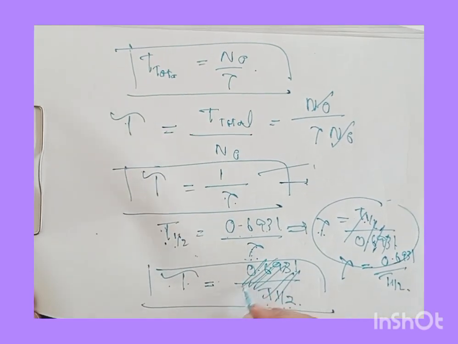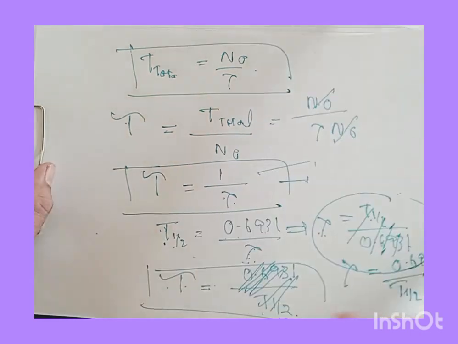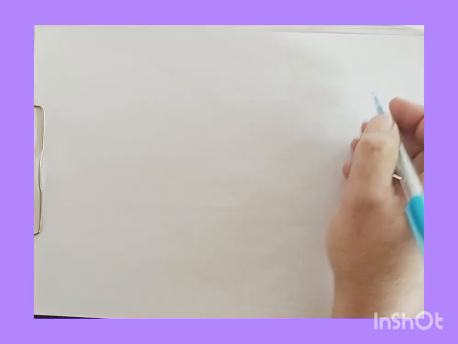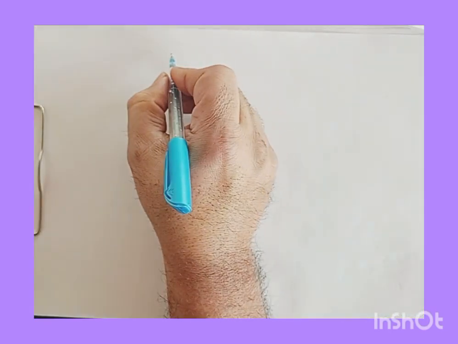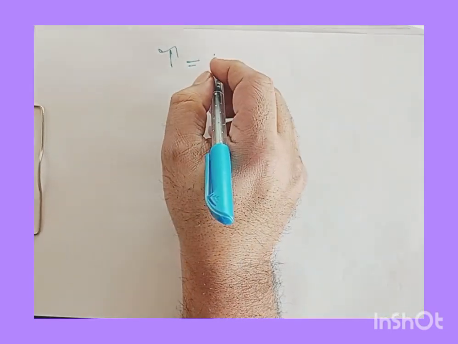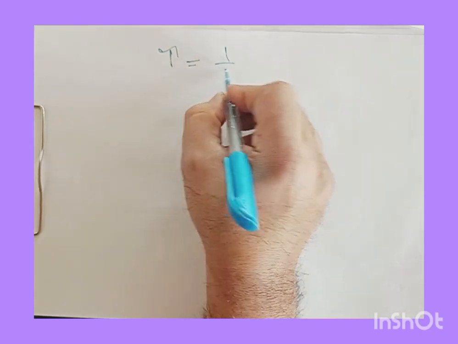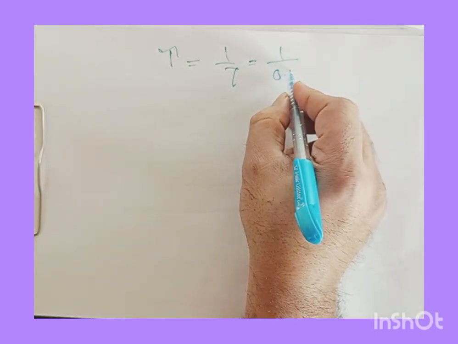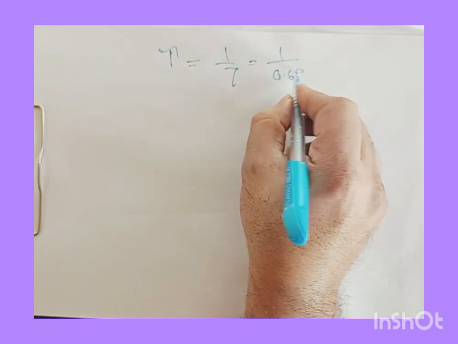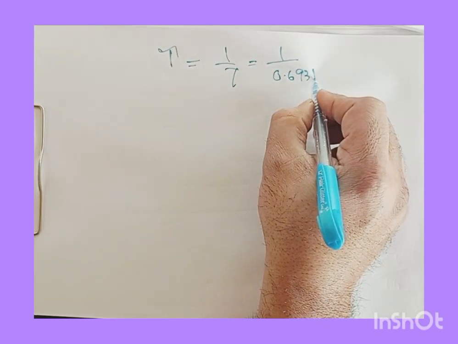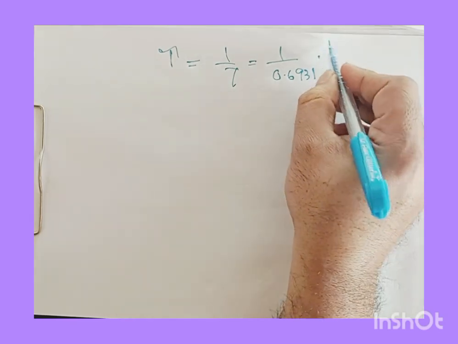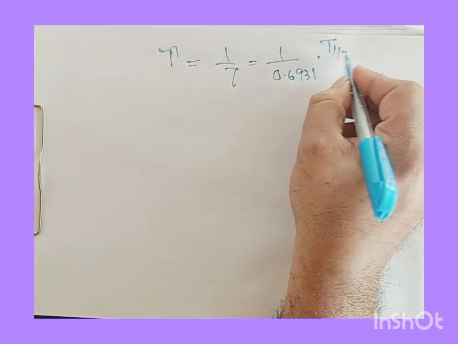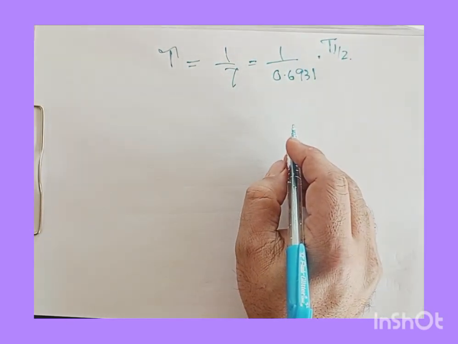So what we will have is tau equal to 1 by lambda, that is 1 by lambda, and T half will go up. That should be the case.